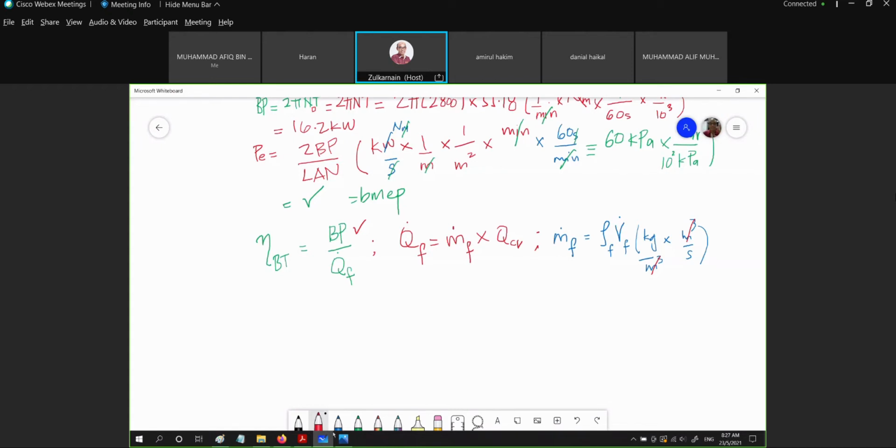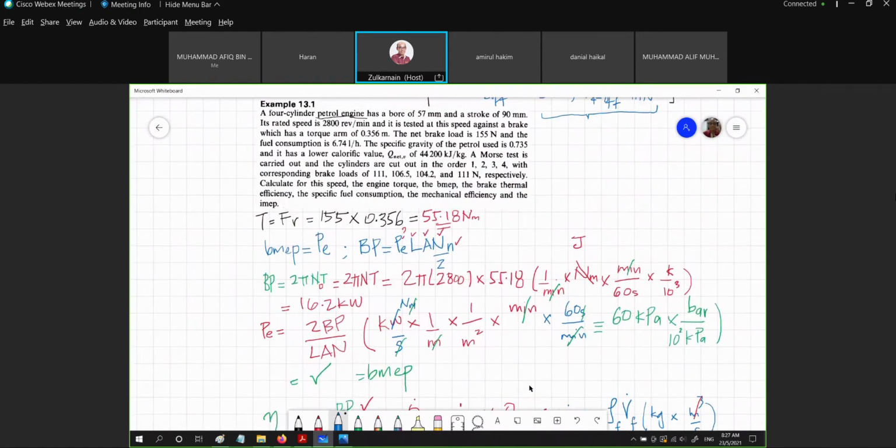So now we need to get our m dot F. Given here is our rho F. We need the rho F, but we find that what is given here is the SG. And what is SG? SG is rho for fuel divided by rho for water. We know rho water is 1000. So if we assume that our g is the same, we get rho for fuel equal to its SG multiplied by rho of water.